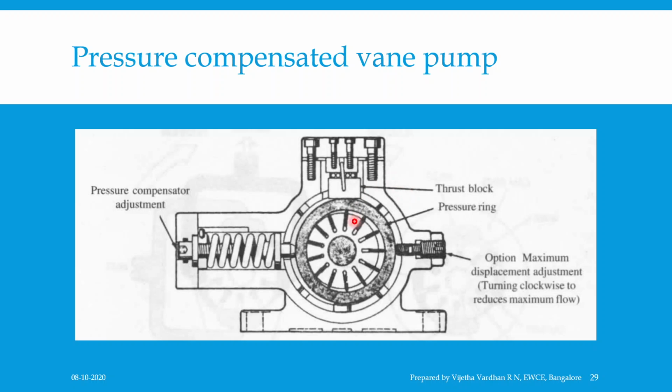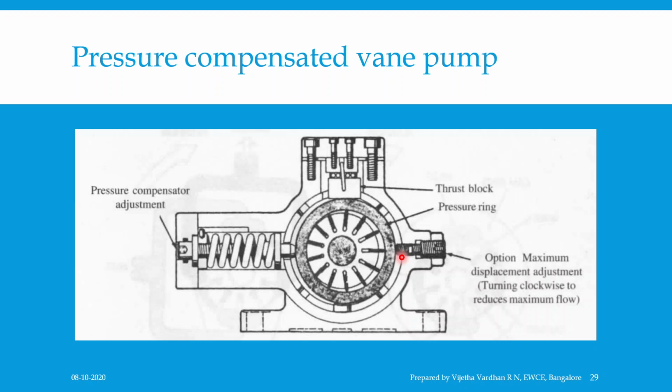You can observe the same thing in the figure over here. This results in the reduction of the eccentricity, and this reduction is maximum when the discharge pressure is zero. As the discharge pressure continues to increase, zero eccentricity is finally achieved and the pump flow becomes zero.